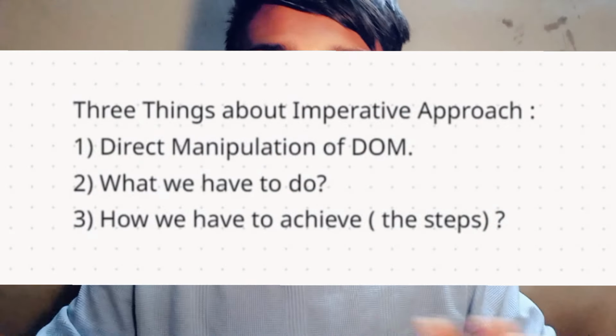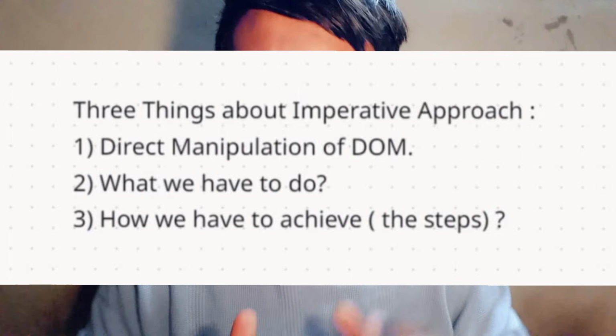So this is all about the imperative approach. Now let's move towards the declarative approach. The declarative approach says: just tell me what I have to do. Don't tell me the steps to achieve that particular task. I'll manage all the things internally for you. I will handle the DOM hierarchy internally.